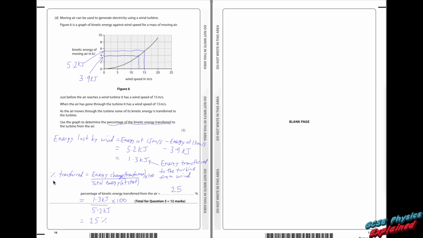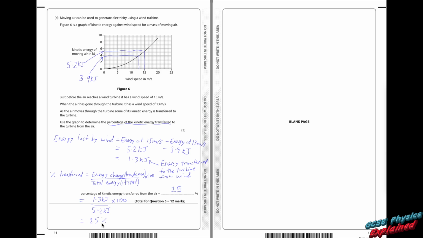Now what we need to do is work out the 1.3 as a percentage of 5.2. So to do that, the percentage transferred will be the energy change, or the amount of energy you've transferred, divided by the total energy that you had at the start, and multiply it by 100 to get it as a percentage. So the energy transferred was 1.3 kilojoules. It had 5.2 kilojoules of energy when it was travelling at 15 metres a second.